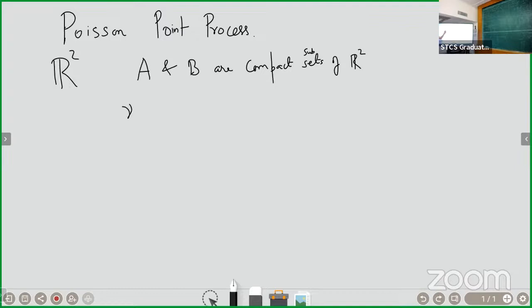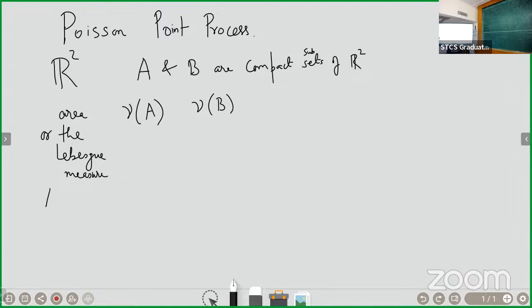Let's denote the area by the Lebesgue measure, nu. If you don't know what that is, all right.